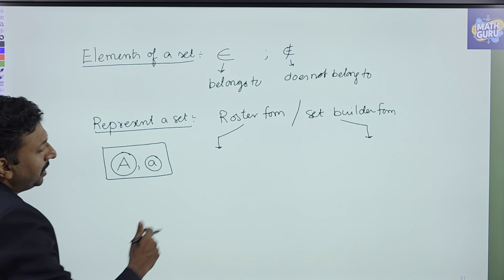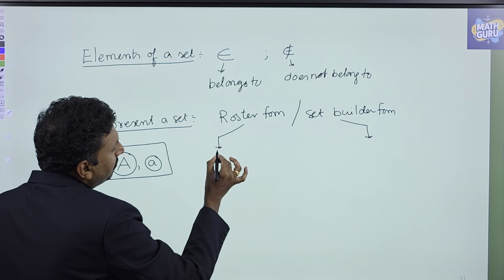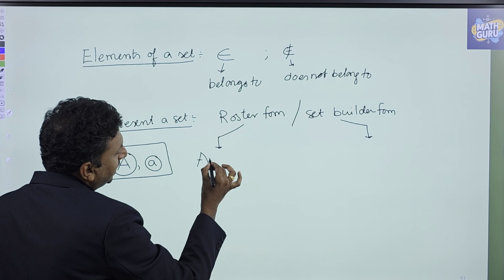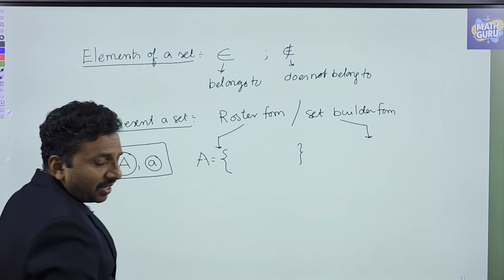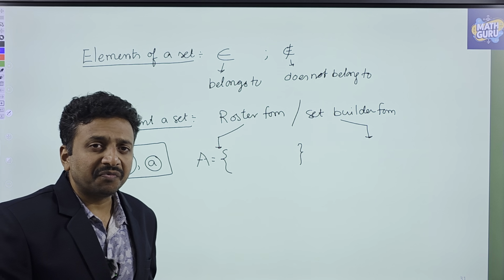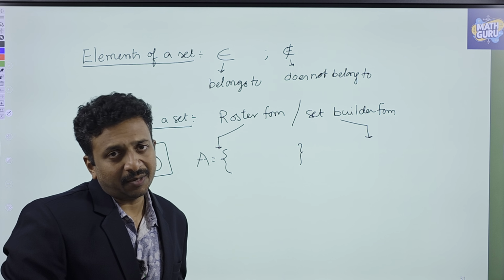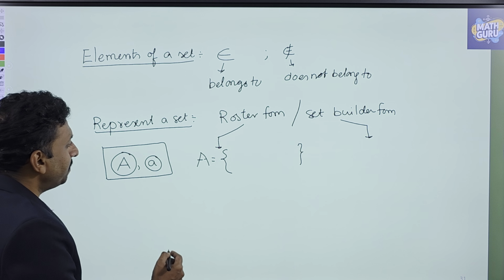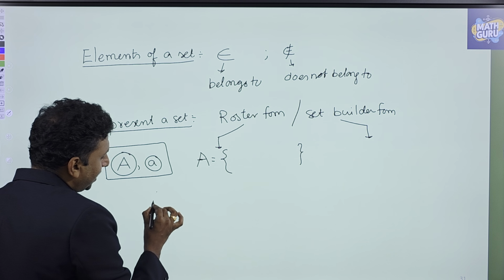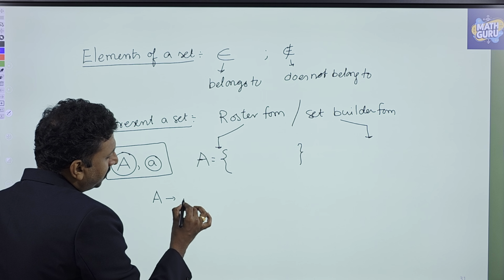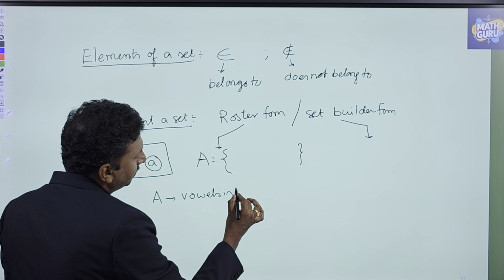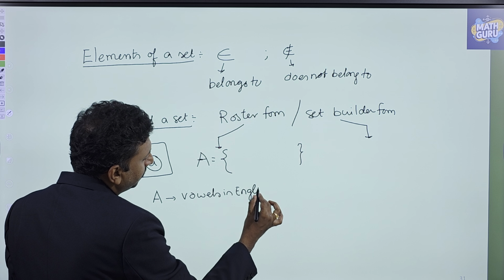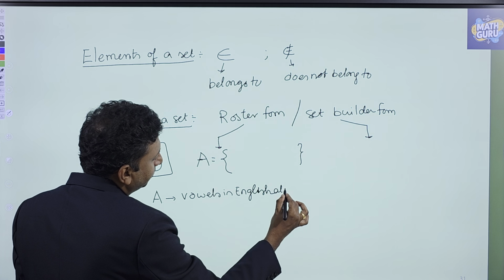Okay. So now in roster form, what we do is we represent the set A. We use curly brackets, and within curly brackets we write all the elements that belong to the set. For example, let us say that A is the set of vowels in the English alphabet.